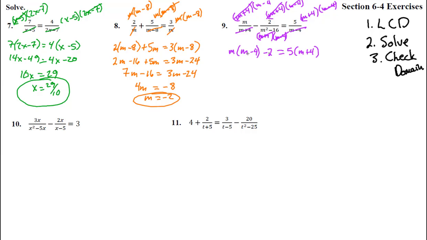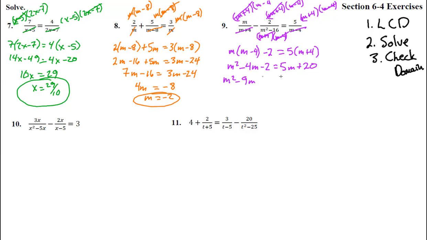Ooh, when we get rid of these parentheses, we now have m squared minus 4m minus 2 equals 5m plus 20. Oh, wow, this is a polynomial. We need to solve this by chapter 5, which is get everything equal to 0. So we've got to subtract 5m over.